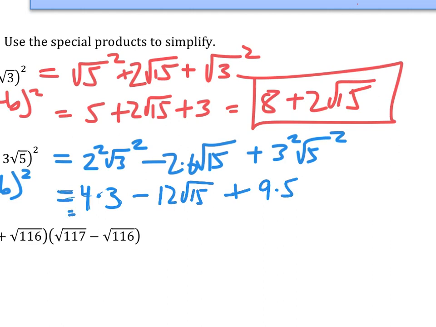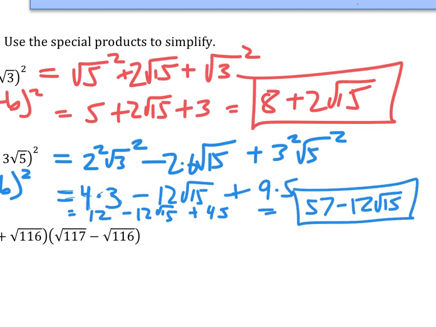Okay, and that's going to be 12 minus 12 square root of 15 plus 45. So using the rule just kind of saves a step or two there. And 12 plus the 45 would be 57 minus 12 square root of 15.